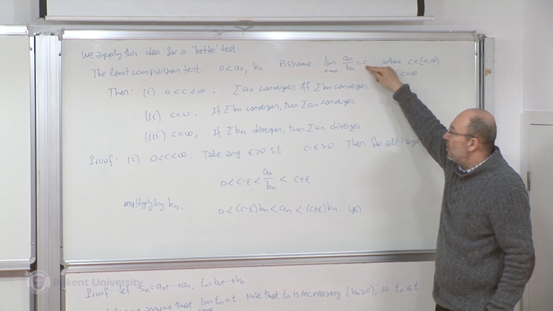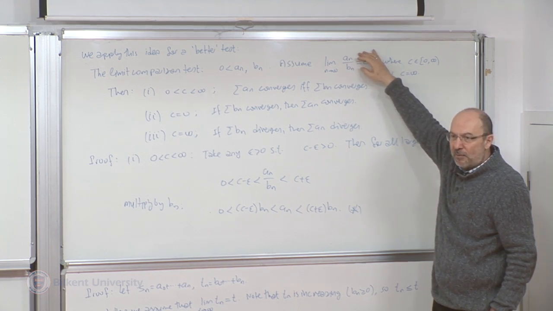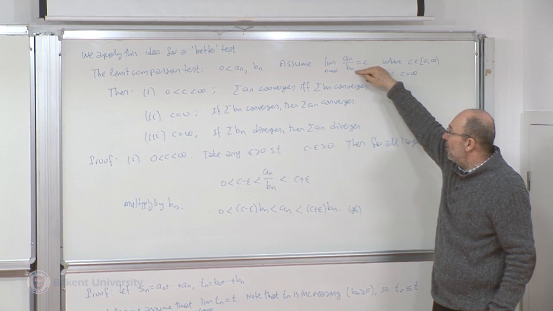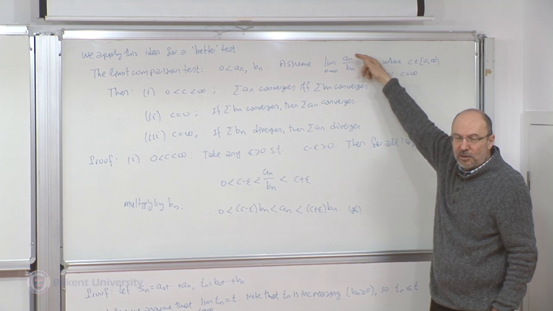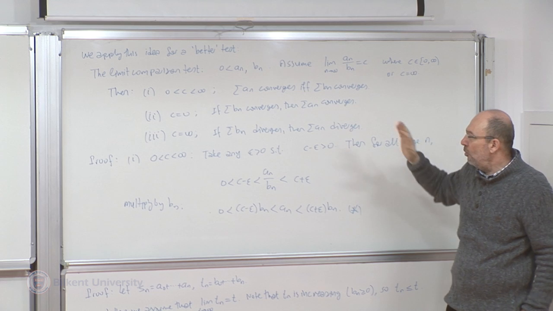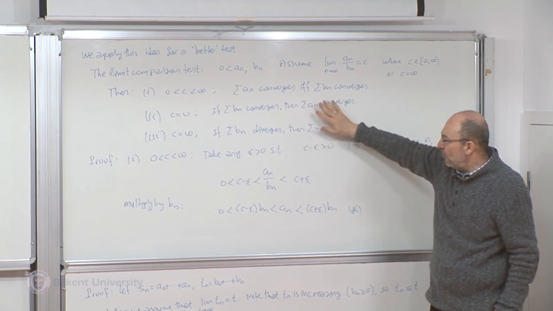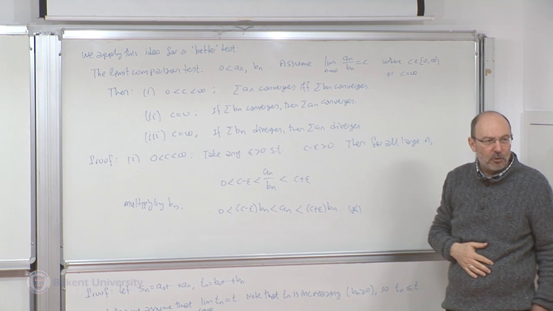If C is infinite, then it means that this ratio is eventually larger than 1, so it means that An is larger. If summation Bn goes to infinity, the series with larger terms goes to infinity. So don't memorize these parts, because that's why these parts are taken out of the calculus books.